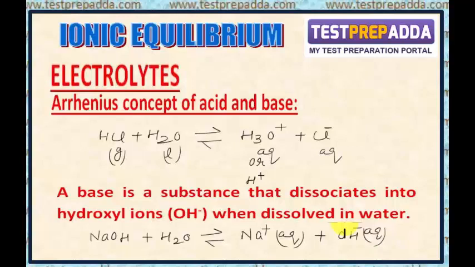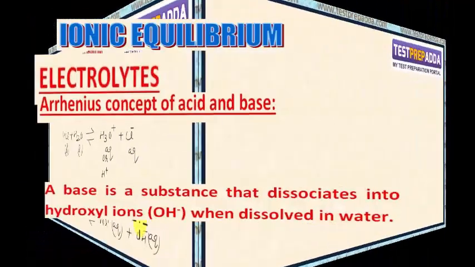Now the problem is this definition or this concept is limited to H2O only. That is why a more generalized definition of acid and base came into the picture, and that is the Lowry and Bronsted concept of acid and base.